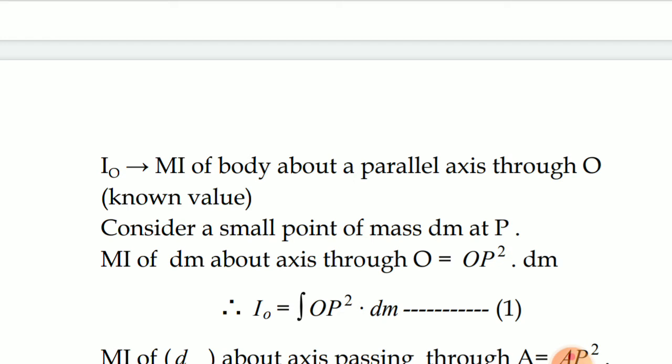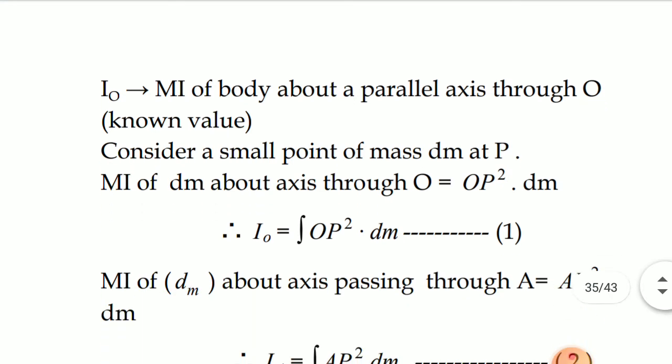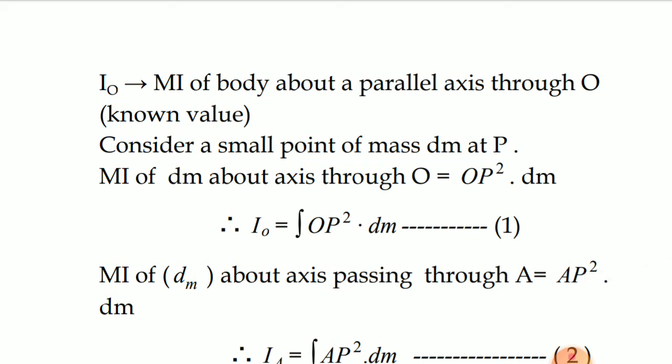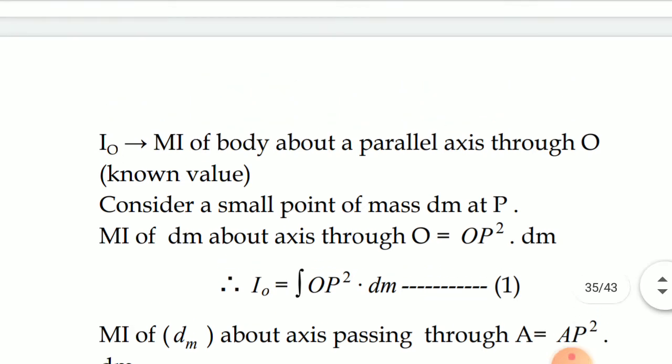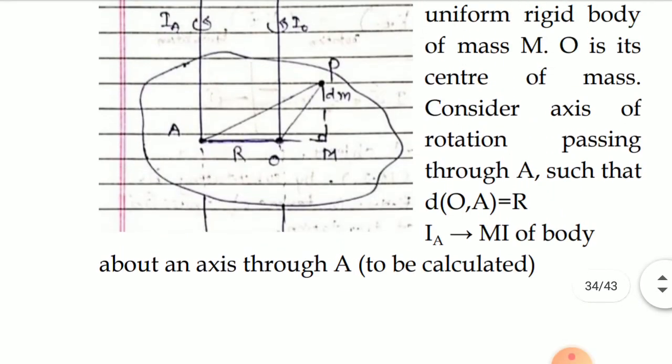To find this, we are considering the body to be of course uniform, and we take into consideration any general point P in this figure at which some mass dm is placed. Then we consider the MI of that point mass dm about an axis passing through O. It will be equal to OP squared dm.